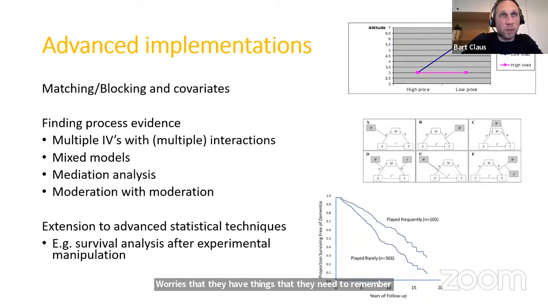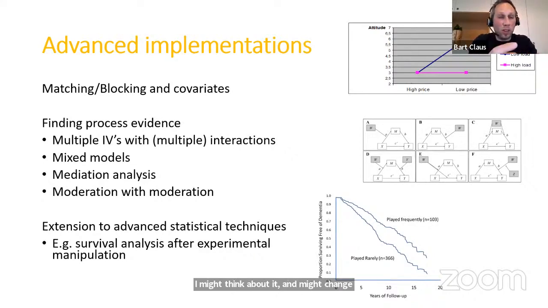And if that cognitive load is high, then a price hike might not make a difference, right? People might not notice even that price hike. If their mind is empty, if there's a low load on their cognition, then they might notice that price hike, might think about it, and might change their attitude accordingly, right?